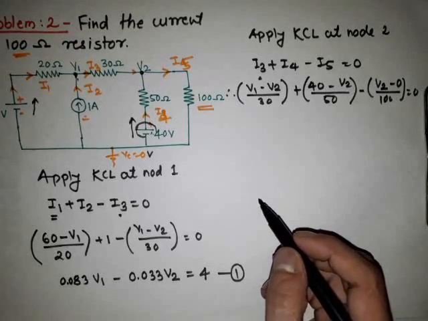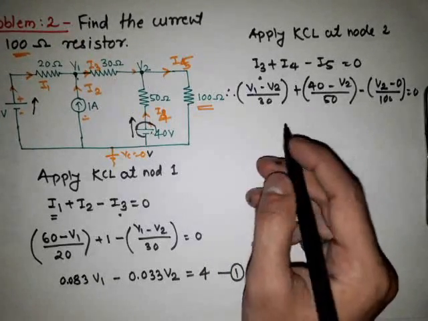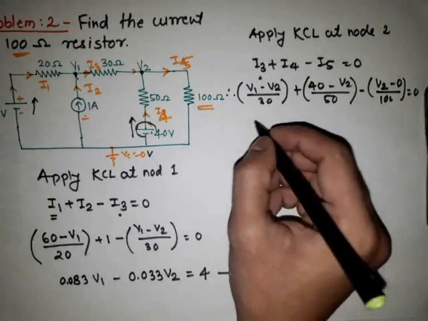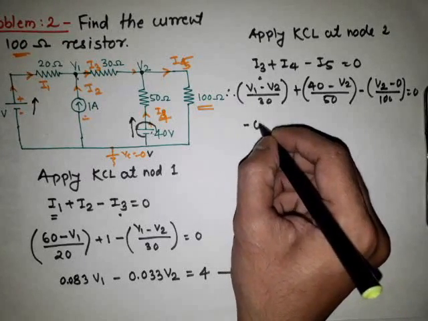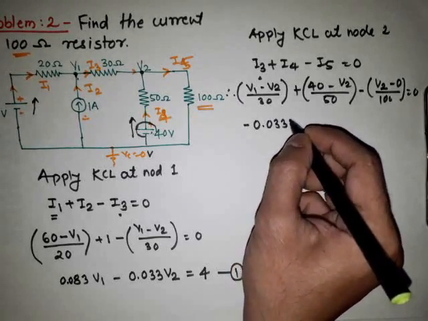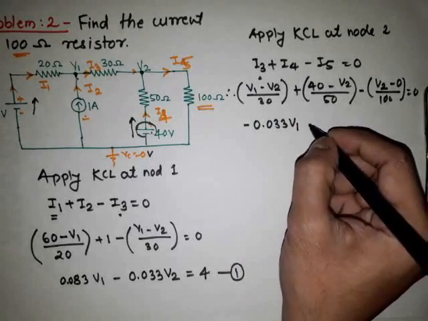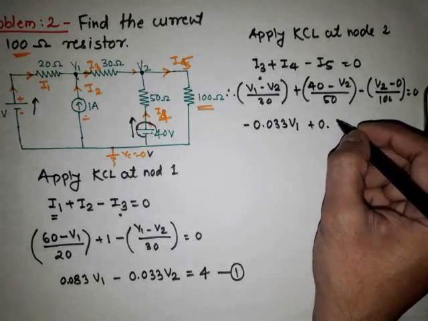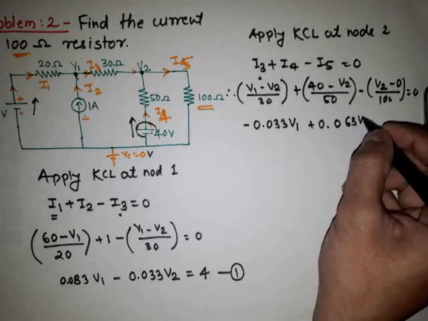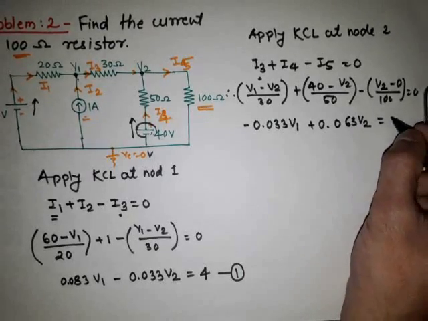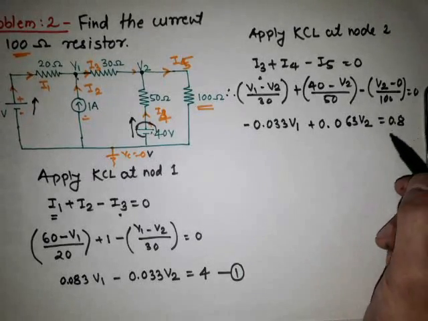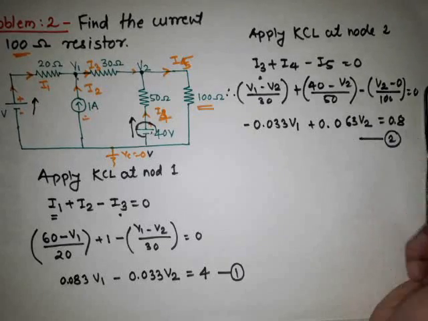By simplifying this equation, we get the final equation: minus 0.033 V1 plus 0.063 V2 equals 0.8. Suppose this is the second equation.